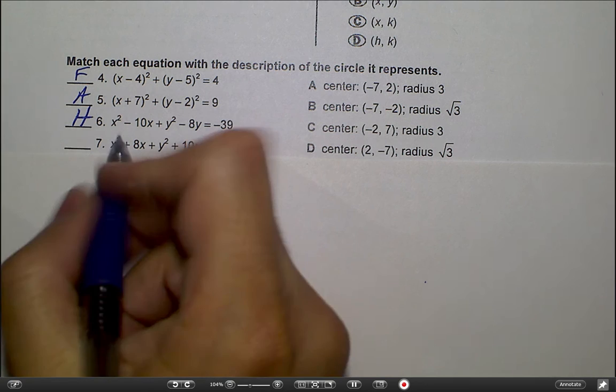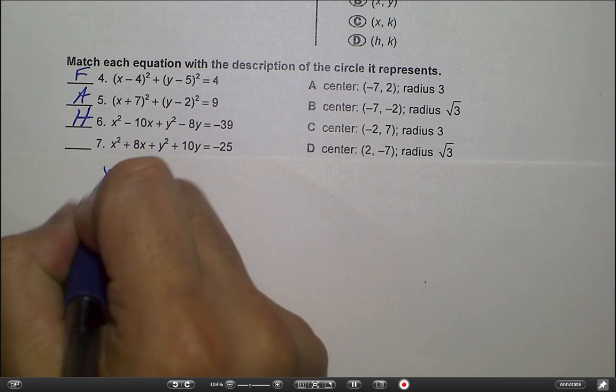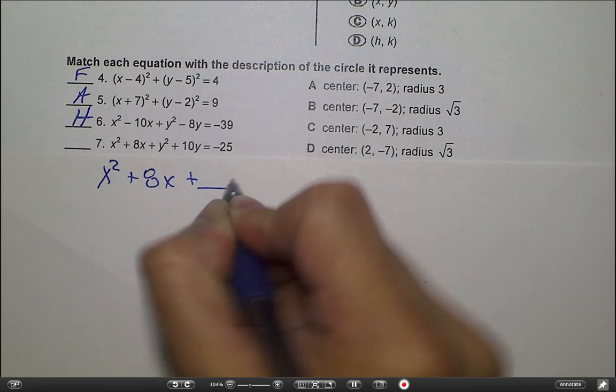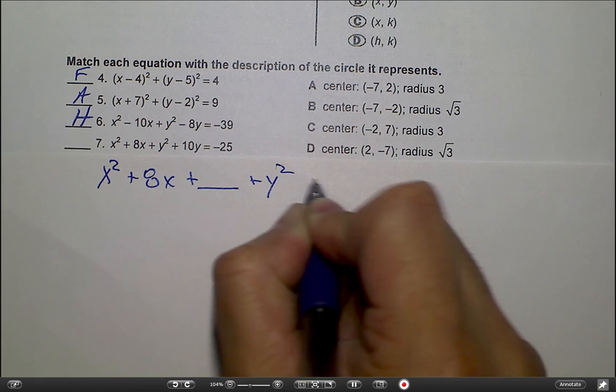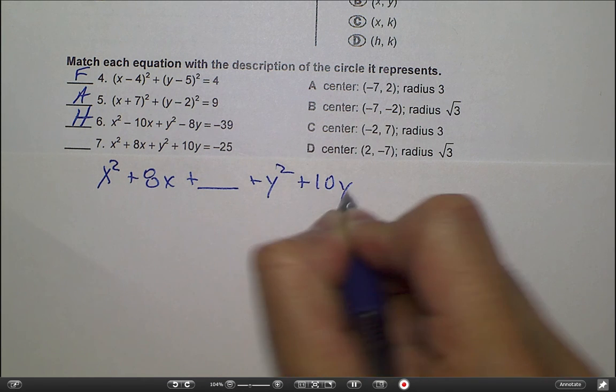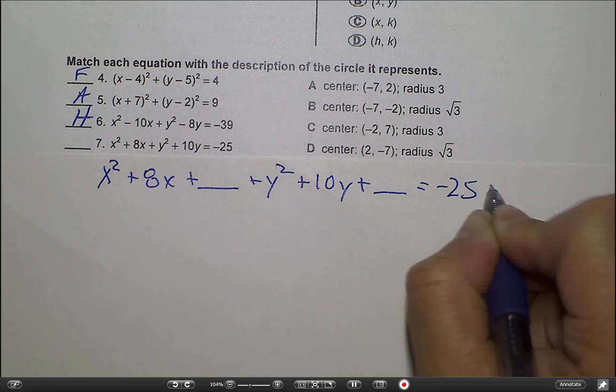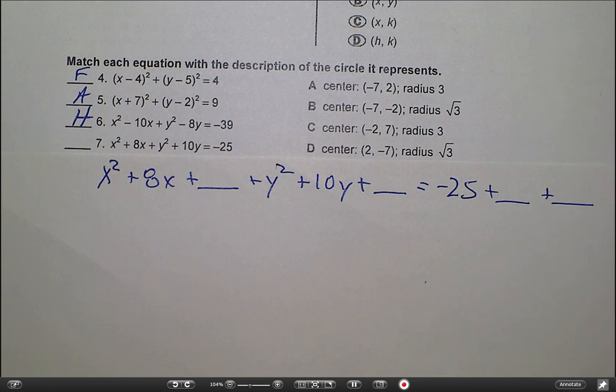Alrighty, so I have x squared plus 8x plus blank plus y squared plus 10y plus blank equals negative 25 plus blank and plus blank.